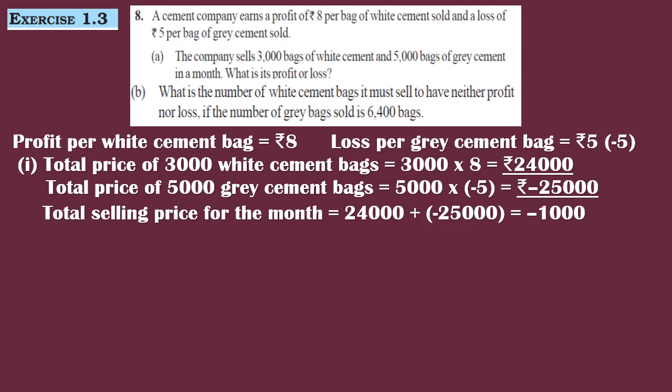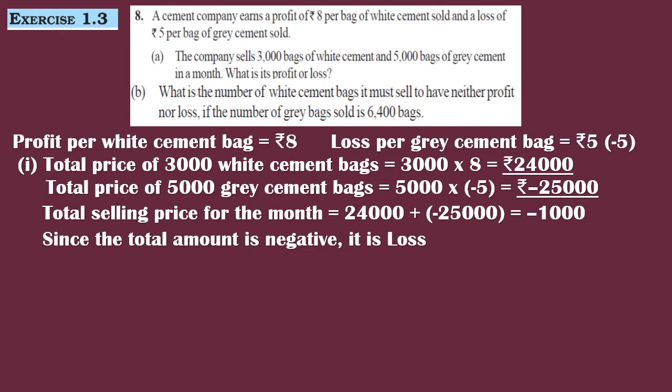That means in this selling, it is a loss of 1,000 rupees. Since the total amount is negative, it is a loss. So the loss is how much? Don't write again loss equal to negative 1,000. Loss equal to 1,000 rupees.